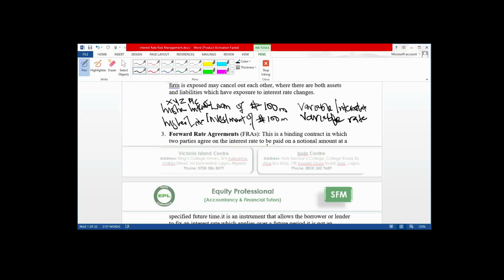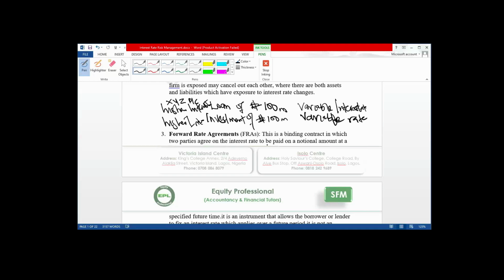Method number 3: Forward Rate Agreement, in brackets, FRA. Please, the first two methods, no calculation. Subsequent methods, there is calculation. Forward rate agreement. This is a binding agreement between two parties.